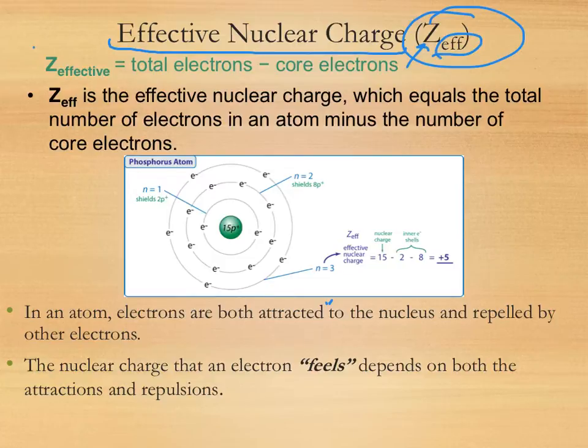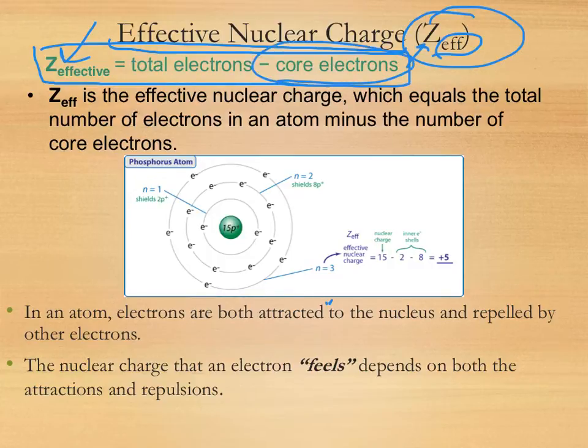Let me give you the mathematical formula for ZEF first, and then I'll explain to you what it is. So ZEF, the formula for it, is the total electrons in an element minus the core electrons. What the heck do I mean by core electrons? Well, I think you know what valence electrons mean, right? So core electrons are all electrons that are not valence electrons.